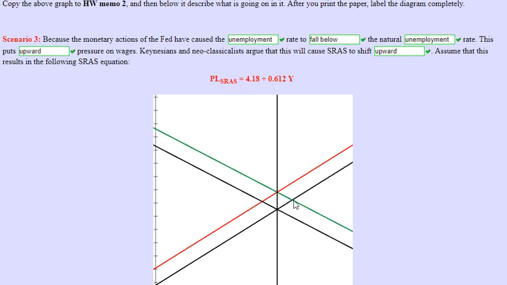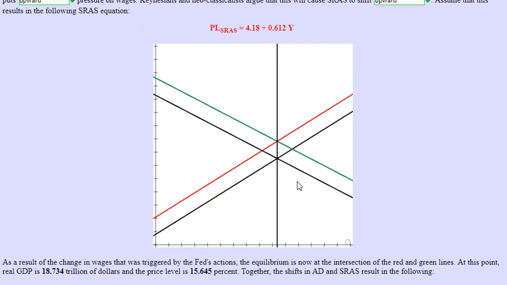The pool of available workers is really small, so in that kind of situation, firms have to either pay an overtime wage of time and a half, or they have to encourage workers from other firms to come to their firm by either offering them higher wages or maybe a better benefits package. Either way, that pushes up the cost of production, which increases the aggregate marginal cost or decreases short run aggregate supply. So let's go ahead and graph this situation.